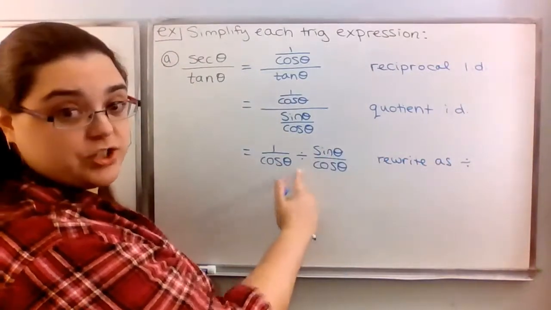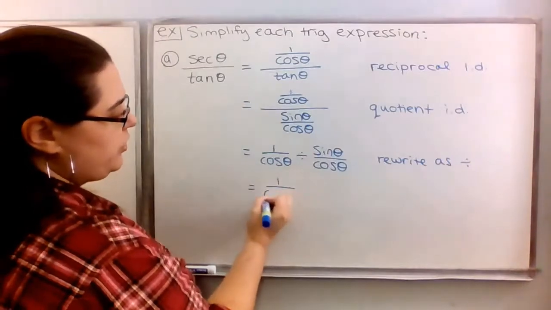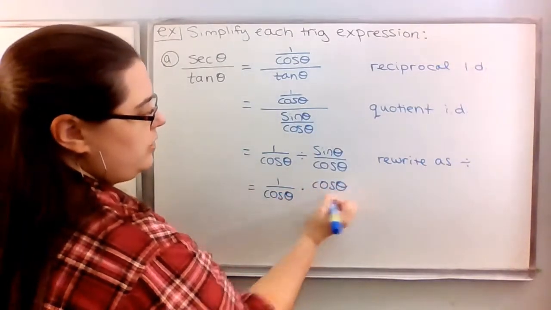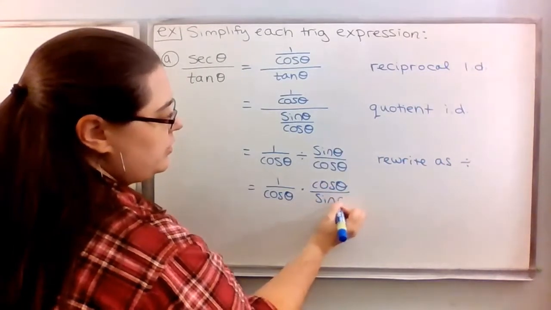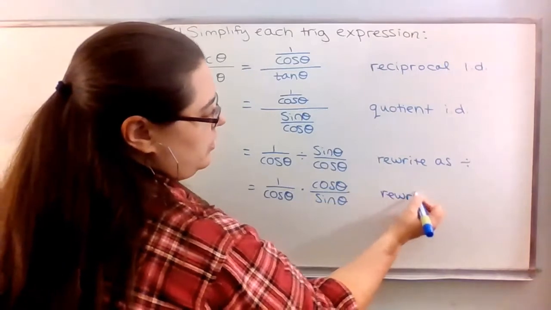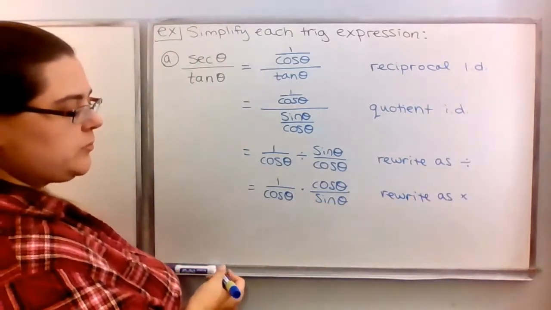But we can rewrite division of fractions as multiplication by the reciprocal. So this is 1 over cosine theta times cosine theta over sine theta. So that's just rewriting as multiplication by the reciprocal.